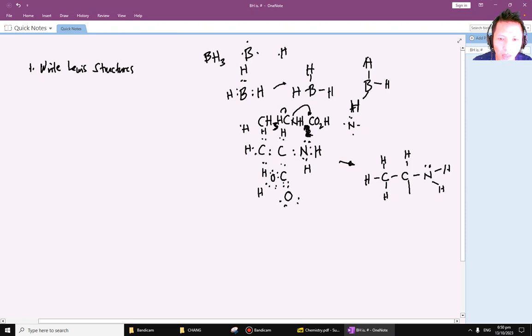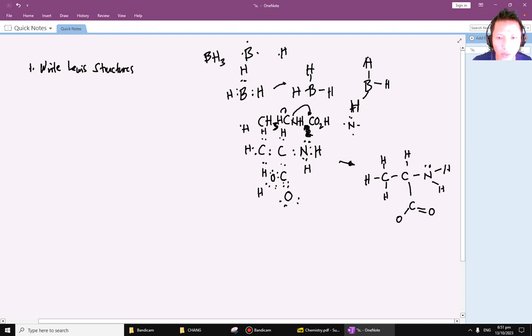Let's extend it, of course. Let's extend that carbon. Then that carbon would be single bonded with oxygen and double bonded with another oxygen.